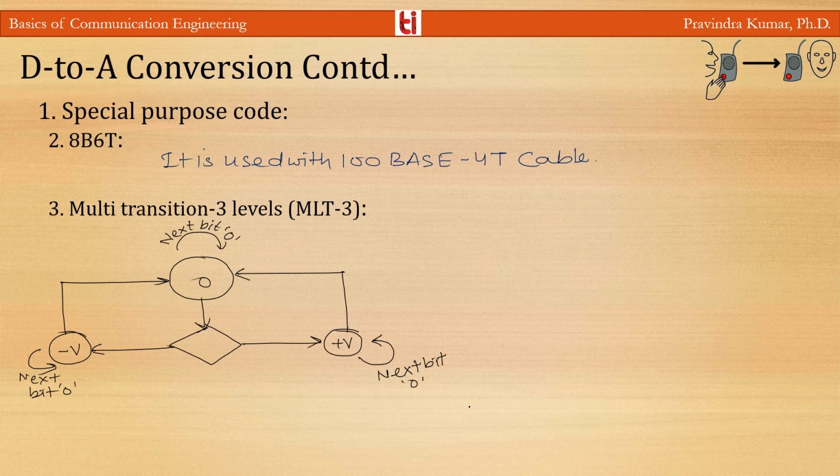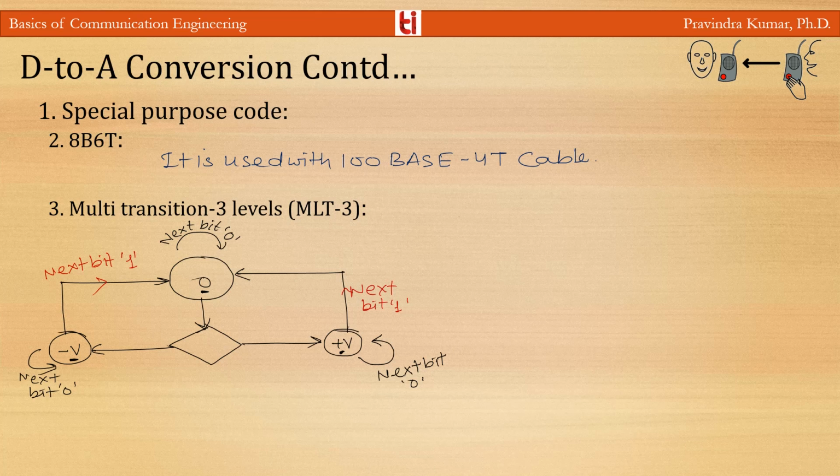If the next bit is 0, there is no inversion: if you are on level 0 you stay on 0, if you are on minus V you stay on minus V, and if you are on plus V you stay on plus V.